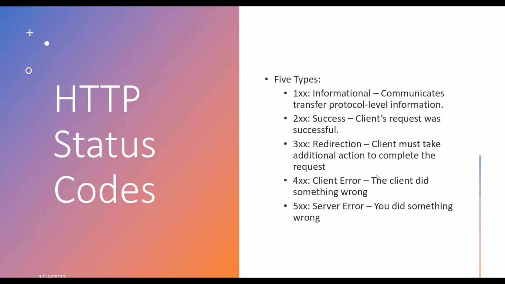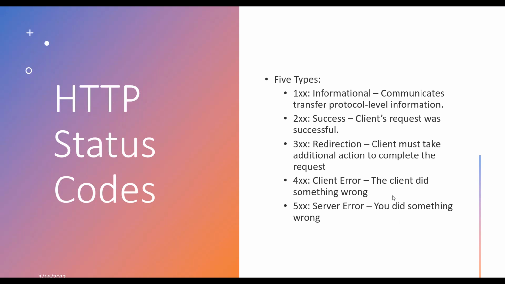Some have a little more information. 300 is redirection, so something is moved temporarily or permanently. It requires that the client do some sort of follow-up action to complete the request. The 400 series is the client did something wrong. They tried to access a resource that doesn't exist, a 404 error, or they didn't provide correct credentials. And then the 500 errors, which you never want to get, because that means you did something wrong: your server can't complete the request because something went wrong on your server.